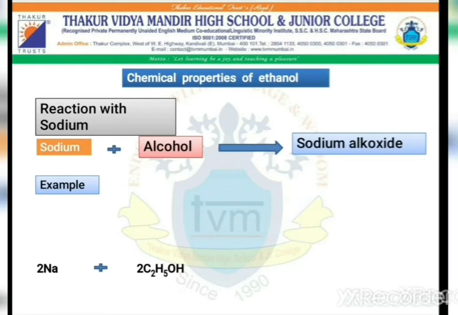Understand the changes in the reaction. One of the hydrogen atoms, which is along with OH, is replaced by Na, and I am getting sodium ethoxide. The general name was sodium alkoxide. Here the alkane is ethane, so we call it sodium ethoxide, along with hydrogen. So any alcohol on reaction with sodium will give you the corresponding alkoxide along with hydrogen.